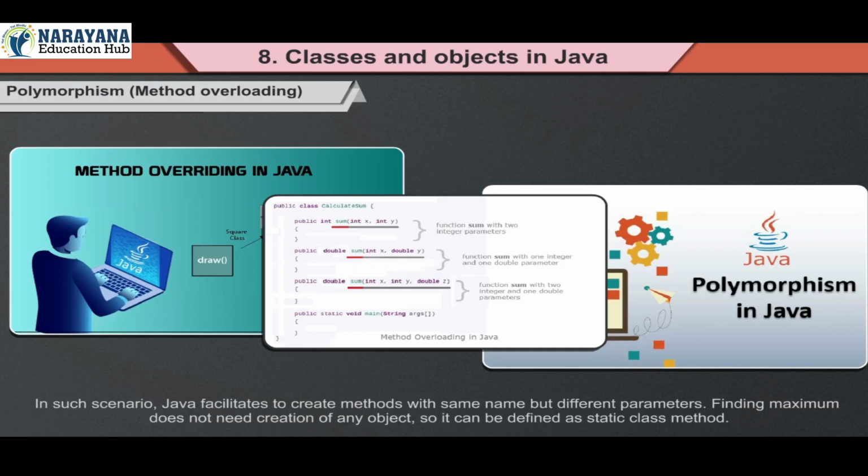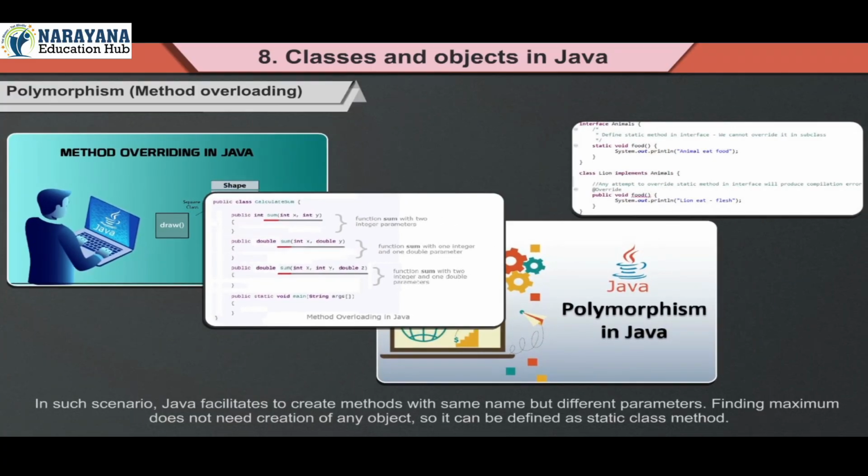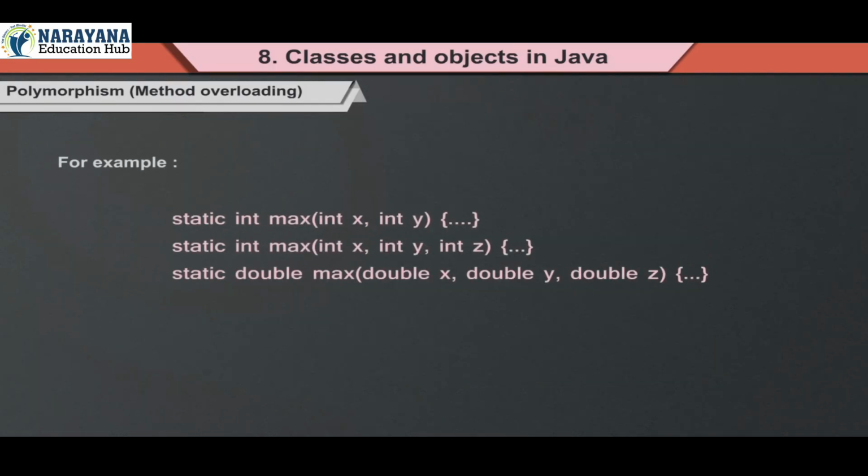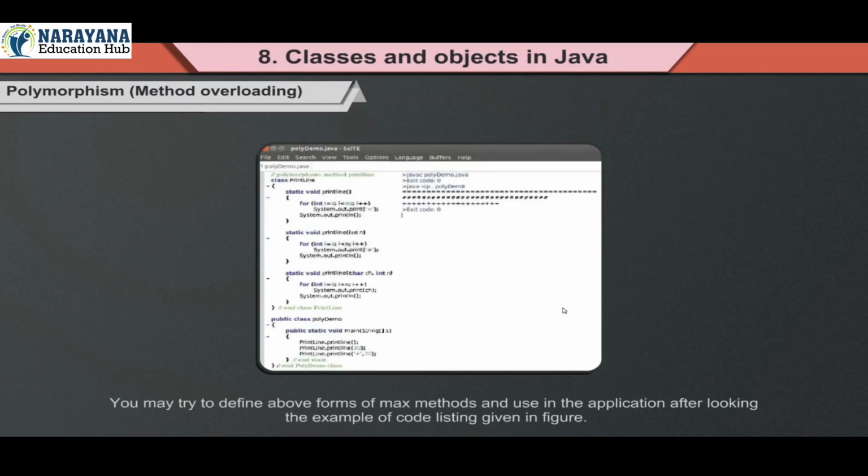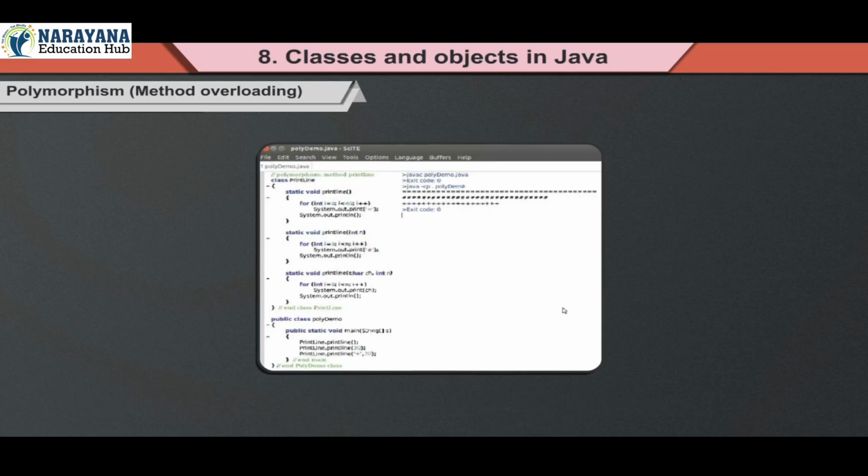In such scenario, Java facilitates to create methods with same name but different parameters. Finding maximum does not need creation of any object, so it can be defined as static class method. For example, you may try to define above forms of max methods and use in the application after looking the example of code listing given in this figure.